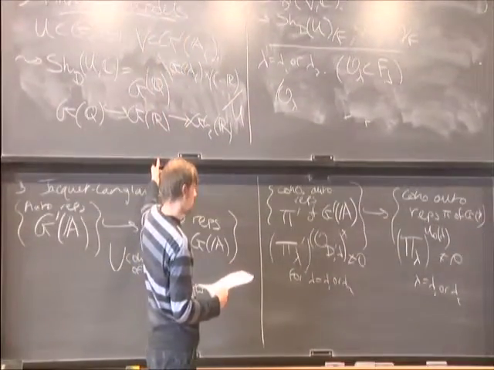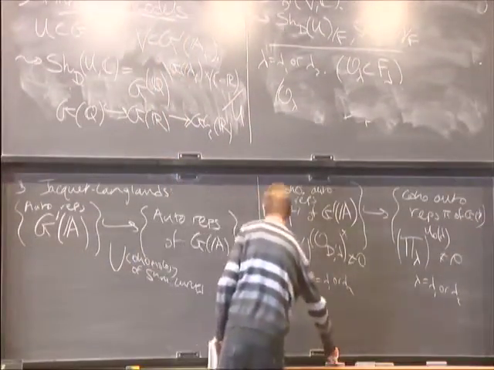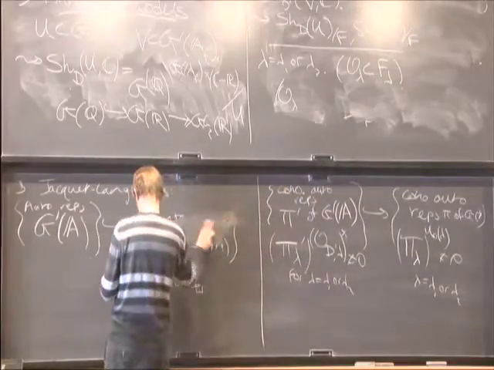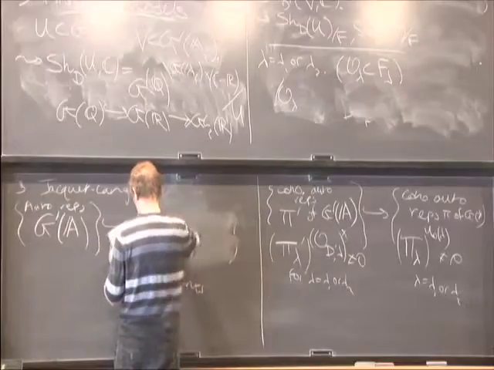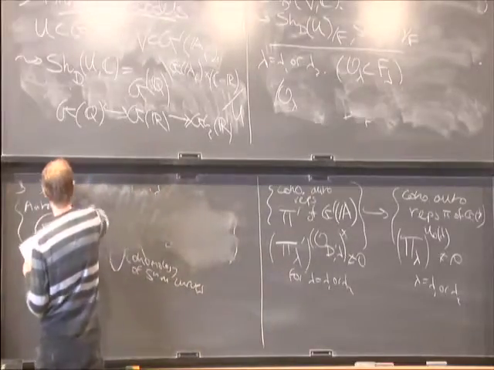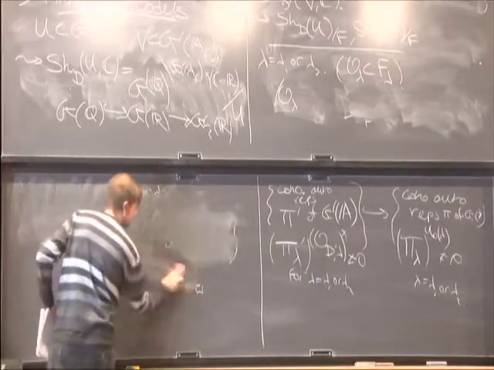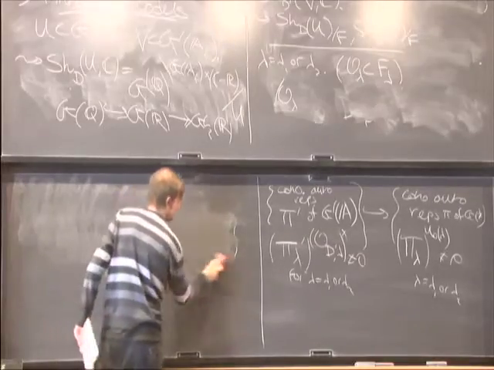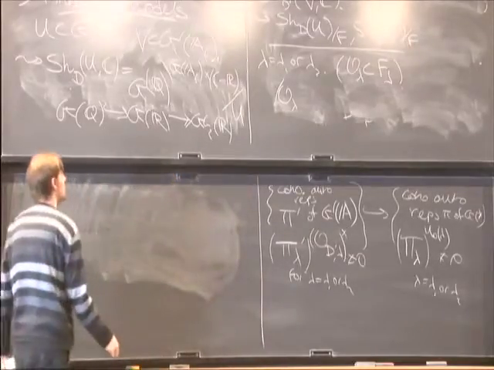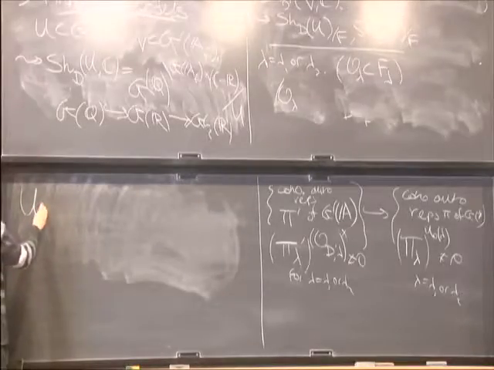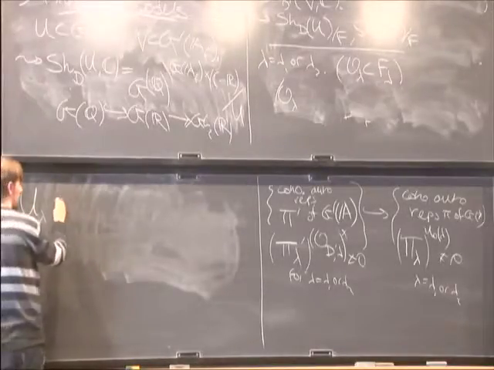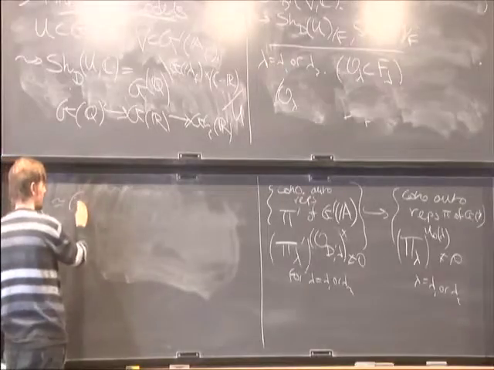Firstly, suppose the factor of U at lambda just looks like a copy of GL2(O_lambda).